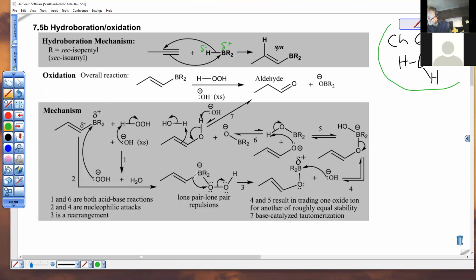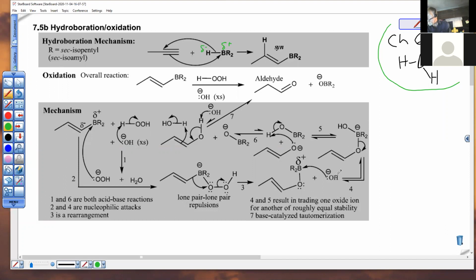This is the rearrangement step of the carbon group from bonding to boron to the stronger bond to oxygen. And more importantly, you're breaking an O-O bond, getting rid of these lone pair repulsions, which are talked about here. You're generating an O minus. Both times you've generated O minus, it's attacked the B, making a fourth bond, making B an anion.